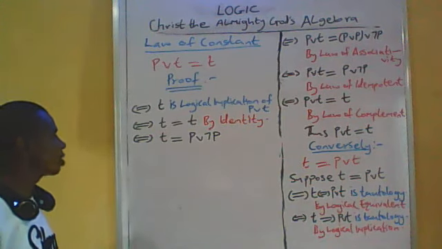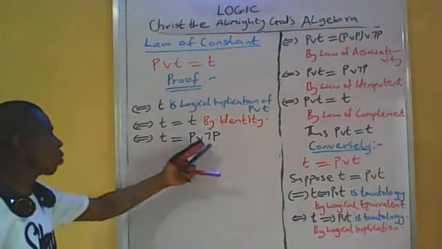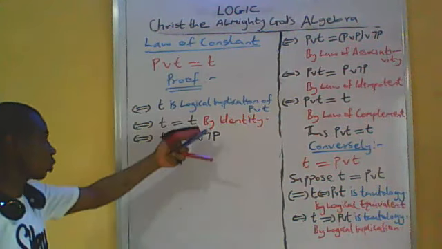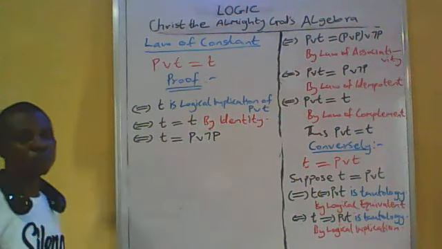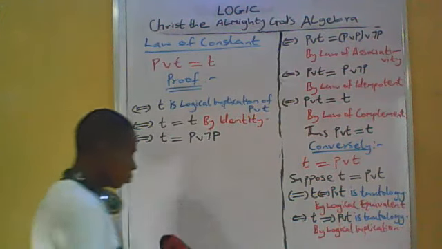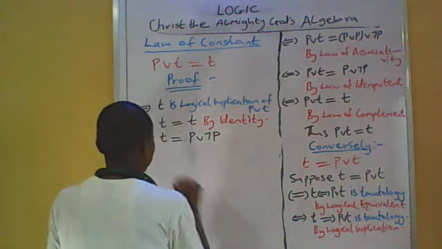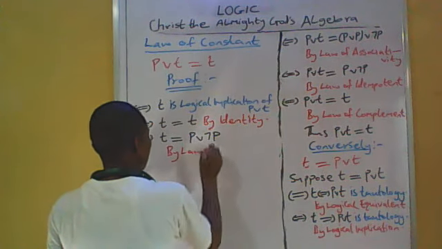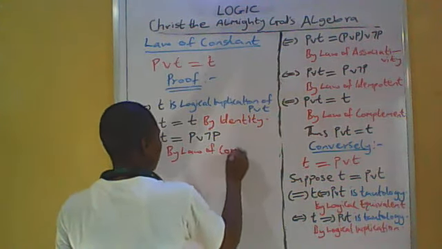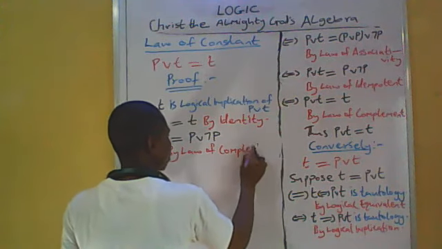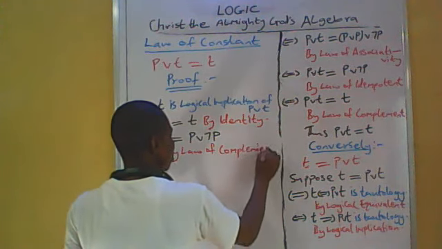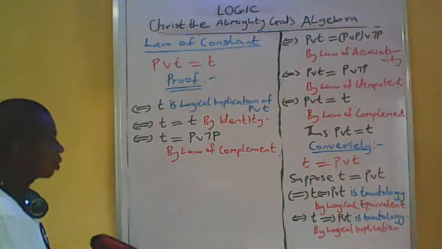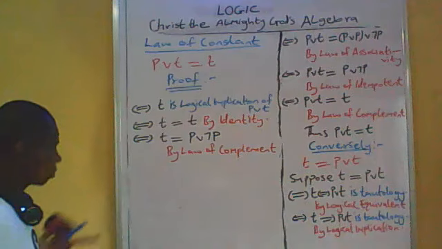So by law of complement, this T is equal to P or not P. That's why it's displayed with P or not P. Being justified by law of complement.